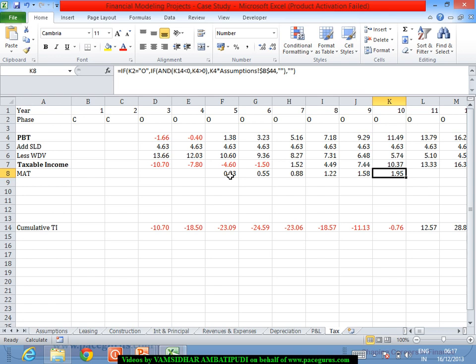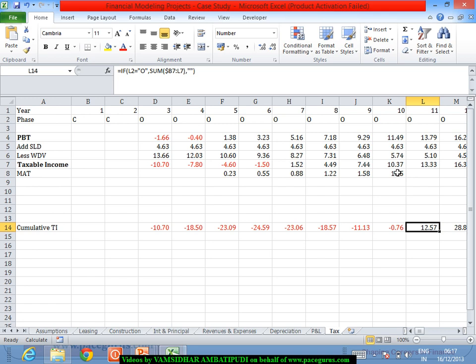Because logically speaking, until this year I'm not supposed to pay any tax, but I have paid this much of tax in the form of MAT.